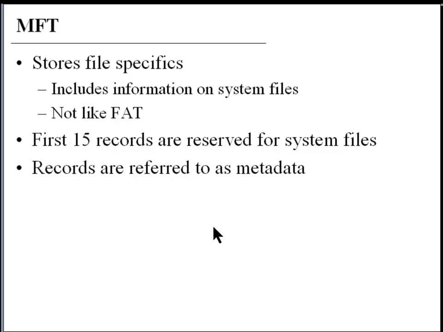So the master file table, again, is roughly analogous to the root directory. It includes much more information. It includes information on system files, and it's not like the FAT at all, really. We see that under the master file table, the first 15 records are reserved for the system files.